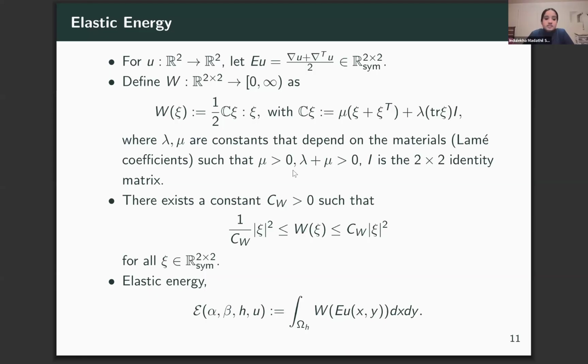And W of psi, the elastic energy density, has the property that it is bounded above and below by the norm of psi square, where psi denotes the symmetric gradient of U, the elastic displacement. And the elastic energy is the integral of W over omega h.